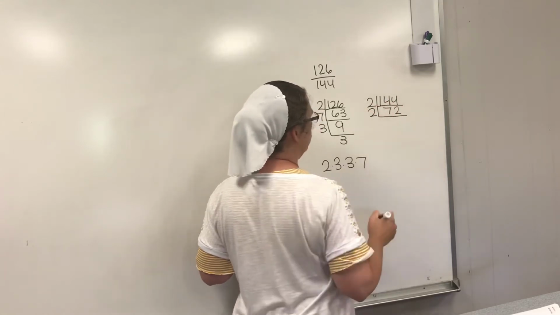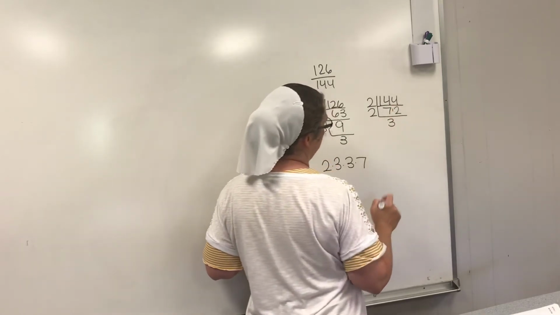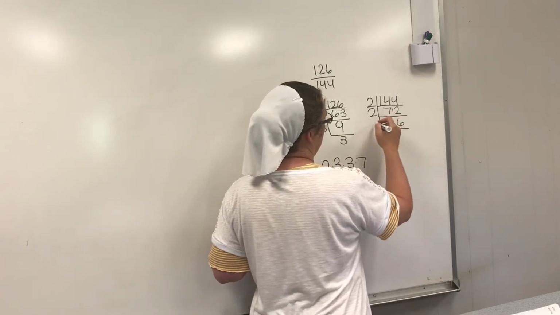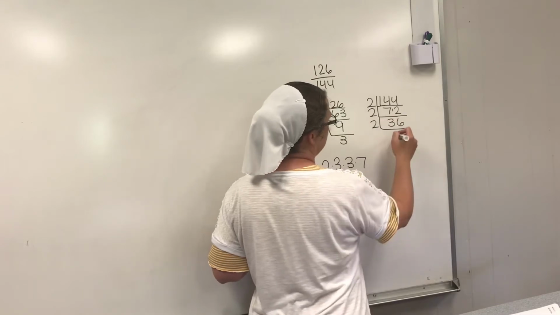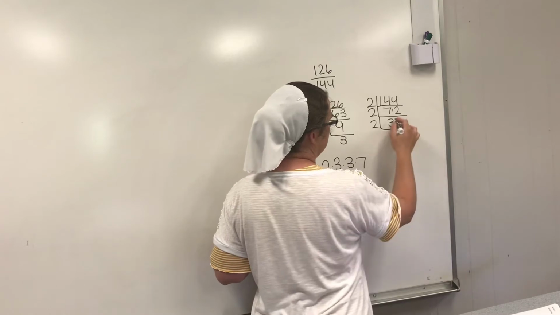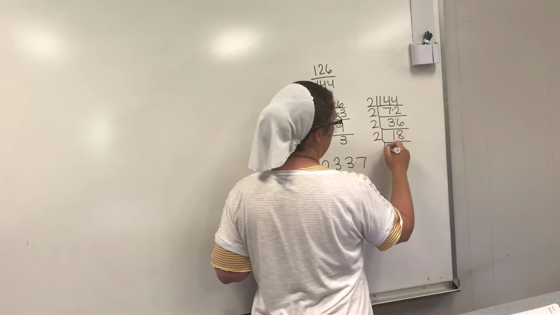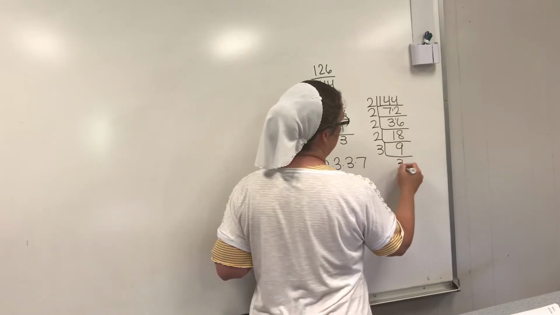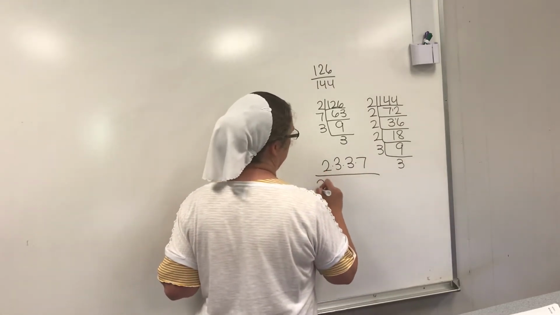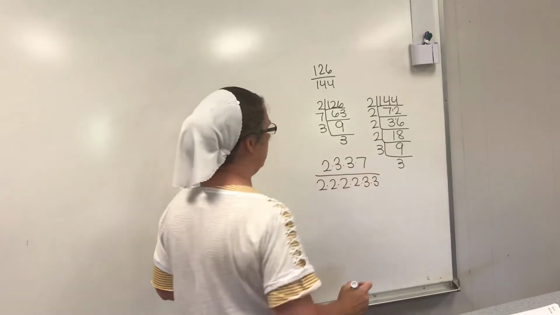Again, we can use 2. 2 goes into 7 3 times with 1 left over. 2 goes into 12 6 times. 2 goes into 36. 2 goes into 3 1 time with 1 left over. 2 goes into 16 8 times. 2 goes into 18 9 times. 3 goes into 9 3 times. All right, that's our prime factors. So we've got 2, 2, 2, 2, 3, and 3.